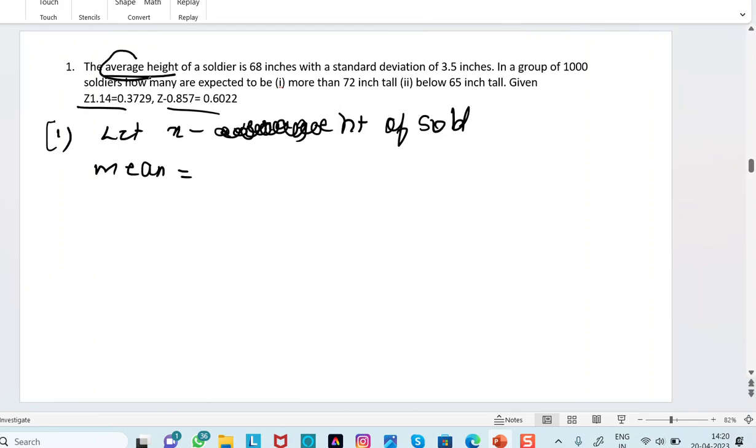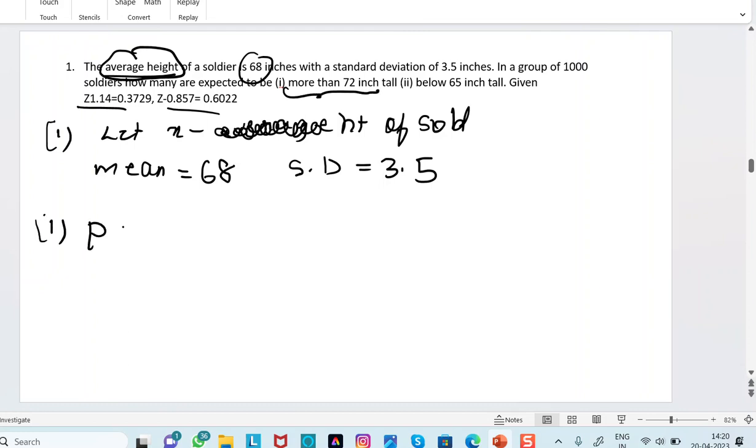The average height means nothing but the mean. Average is another word for mean, which is 68. Standard deviation is given as 3.5. The first sub question asks for more than 72 inches. That means we want the probability of x more than or equal to 72.